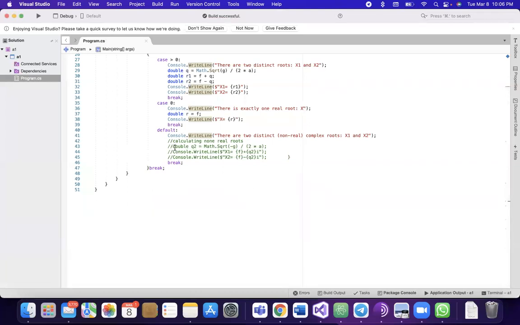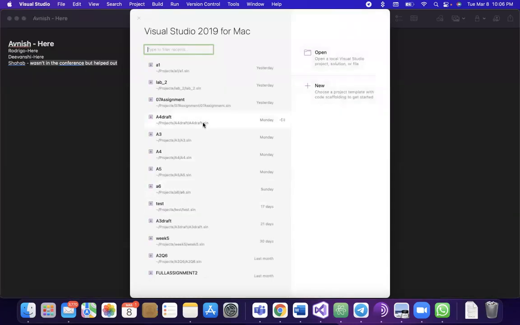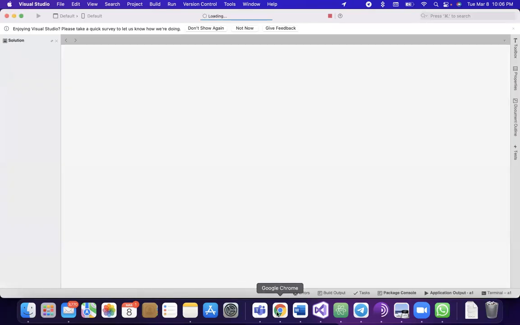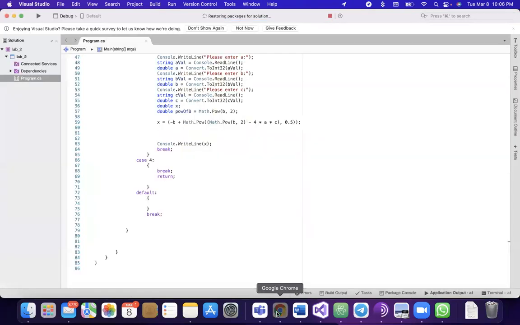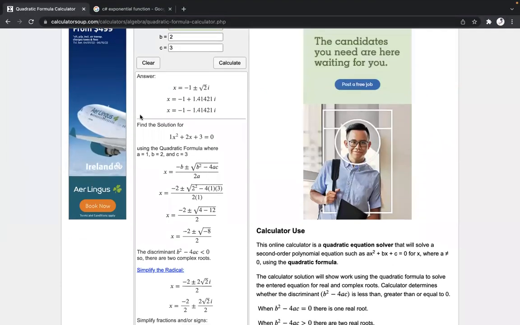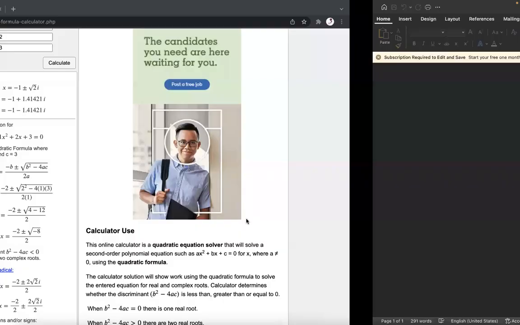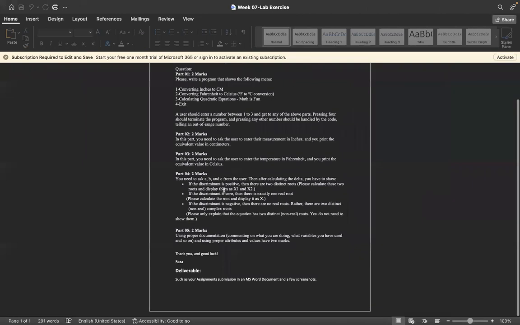Can I see the question again that the teacher told us to solve? The quadratic formula, is that what you're talking about? No, what the teacher asked, because it really depends on what the teacher asked in the question. It can be tricky sometimes. The teacher specifically asked, you need to ask A, B, and C from the user. Then after calculating the delta, you have to show if the discriminant is positive.